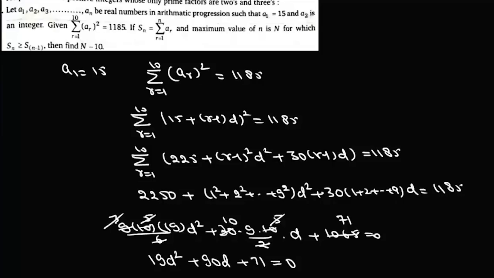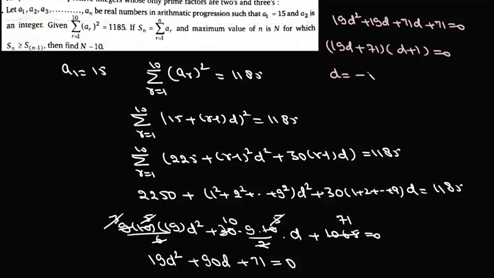So we can write this as 19d square plus 19d plus 71d plus 71 equals 0, or 19d plus 71 into d plus 1 equals 0. So the value of d is either minus 71 by 19, or the value of d is minus 1.